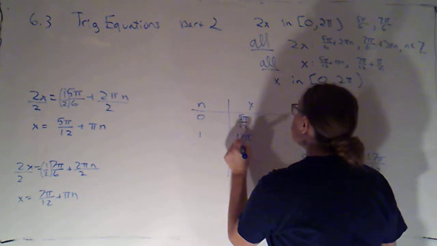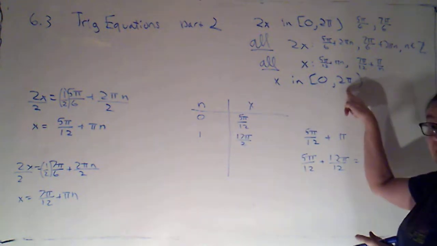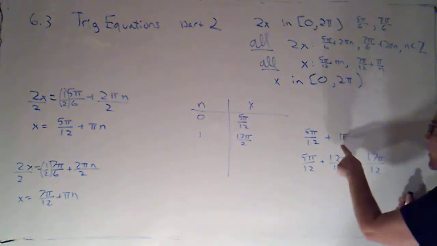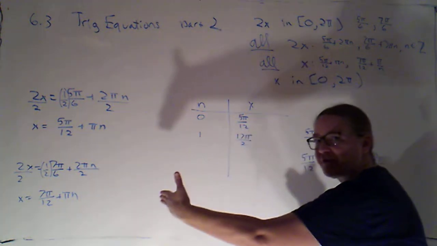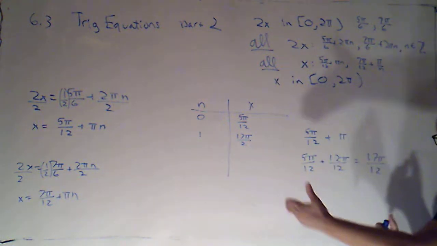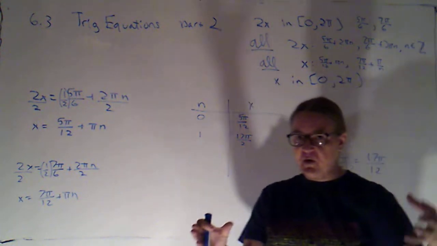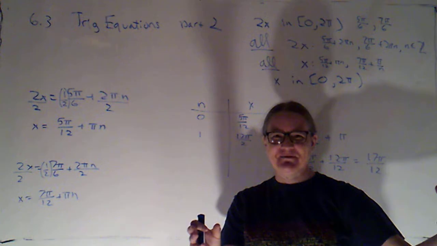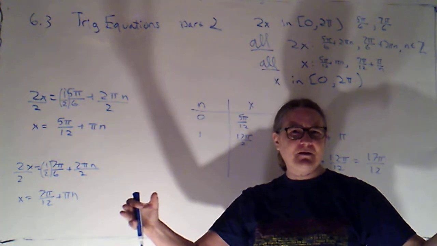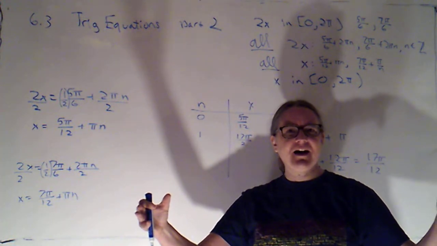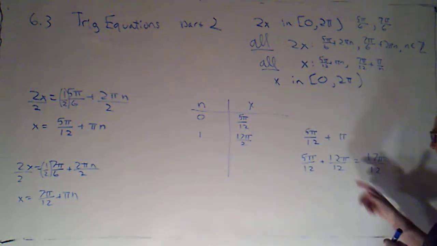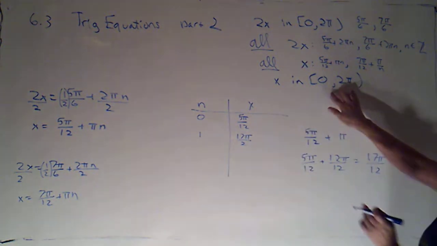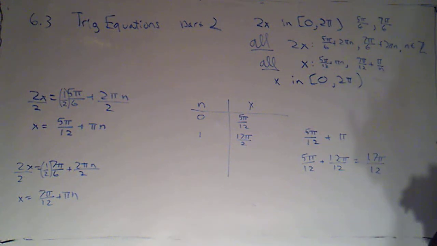That is still between 0 and 2 pi, because all I added to this was pi, so it didn't take me over 2 pi. We're used to having our answers and adding 2 pi n. So if you add 2 pi to something, it's going to take you outside. If you started between 0 and 2 pi, when you add 2 pi, it's going to take you out of that window. But here, I could add pi and I'm still in the interval from 0 to 2 pi.